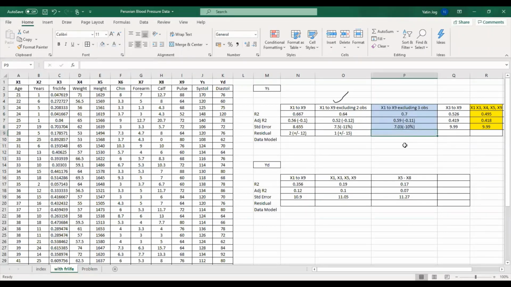So this seems to be the best model, for which we have to exclude three observations out of 40 observations.